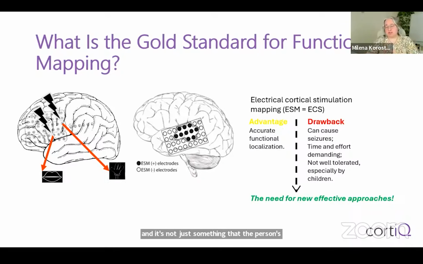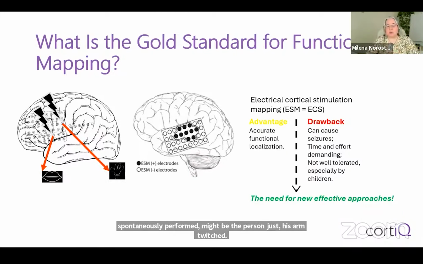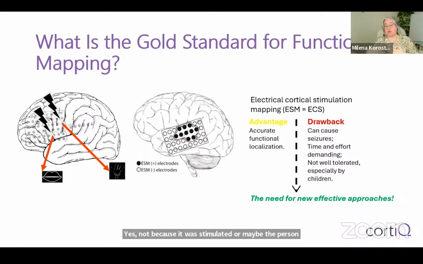Maybe the person's arm twitched, not because it was stimulated, or maybe the person just forgot to continue reciting the alphabet during the evaluation for Broca's area, during stimulation in the vicinity of Broca's area. So there are many things that are associated with that.